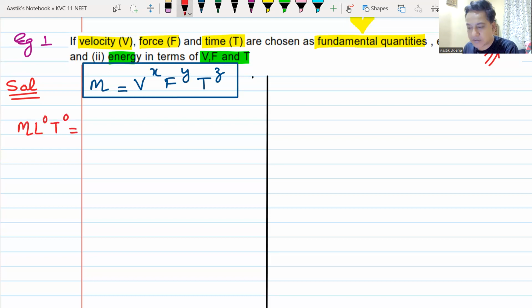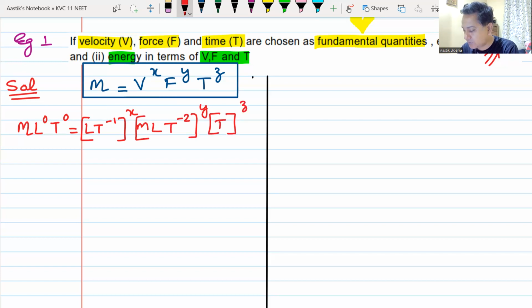That would be equal to V, velocity, L T to the power minus 1, raised to the power of X. F is force, M L T to the power minus 2, raised to the power of Y, and T is time, the dimension is T raised to the power of Z. So far so good. Do we all understand this?